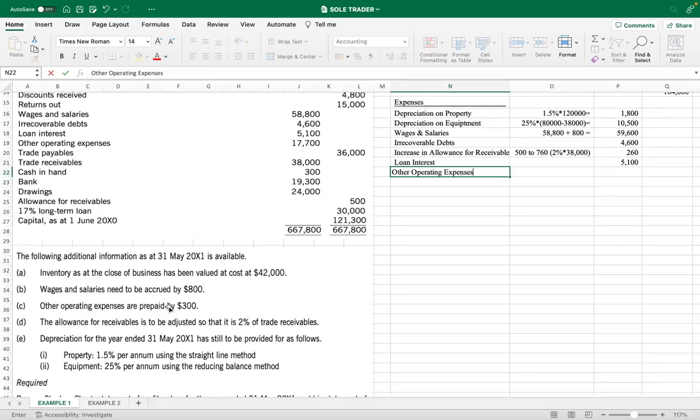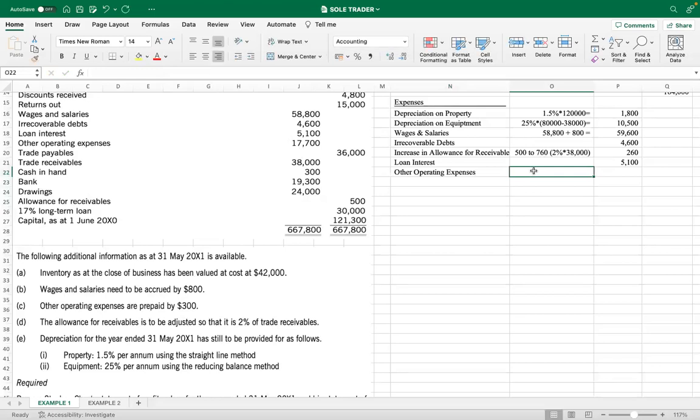Other operating expenses are prepaid by 300. So which means the operating expenses of 17,700 included an amount that was overpaid, prepayment paid in advance. The amount that was paid in advance, you remove it because it does not relate to this period.